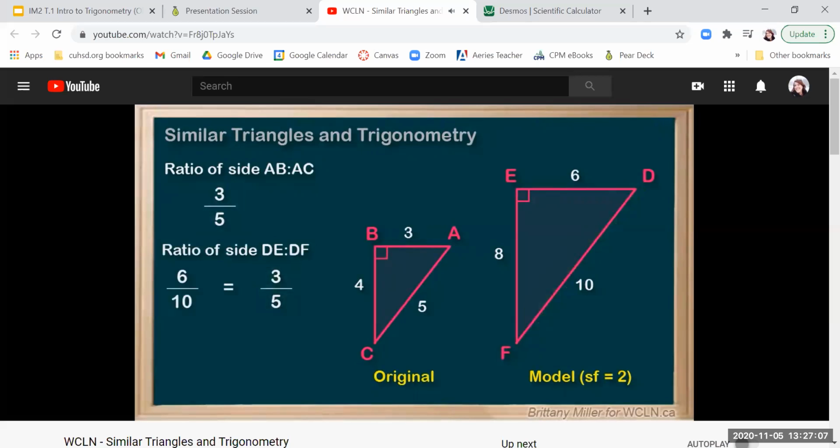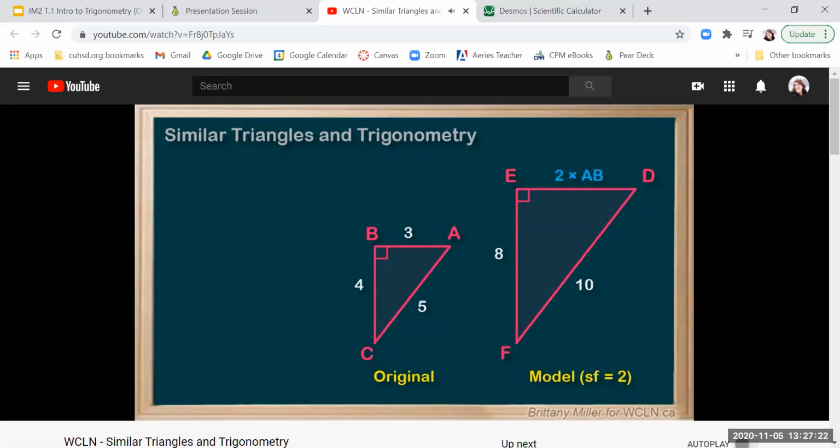This is true for any triangle similar to triangle ABC, because the sides of similar triangles have all been scaled by the same amount. We could say that DE is really just 2, the scale factor, times AB. DF is 2 times AC.